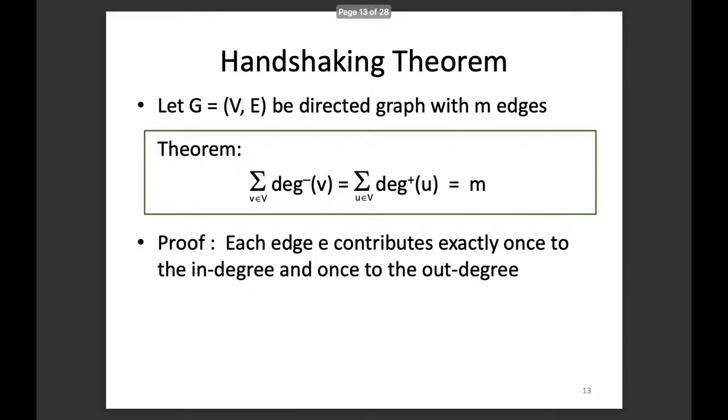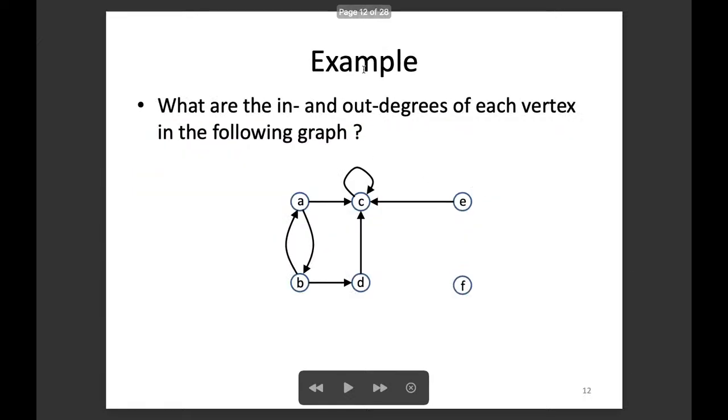So again, we have a handshaking theorem for the directed case. This time it is much easier. We can see that the total in degree and the total out degree are both equal to n. It's super simple, right? Because each edge contributes 1 for the in degree and 1 for the out degree.